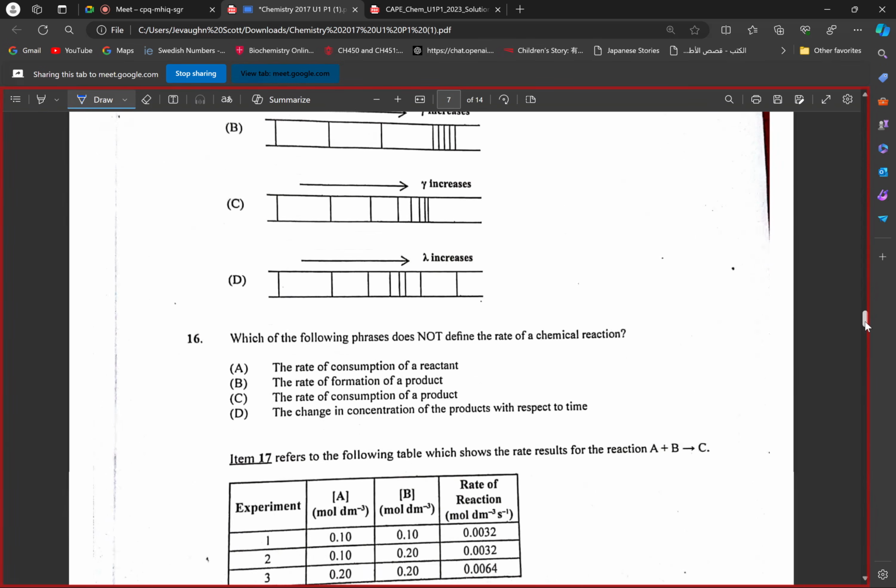Which of the following phrases does not define the rate of a chemical reaction? C. Rate of consumption of products, right?